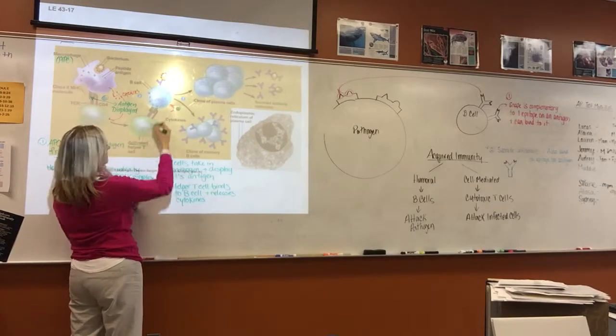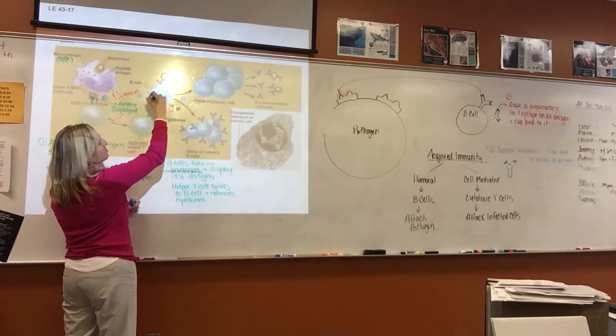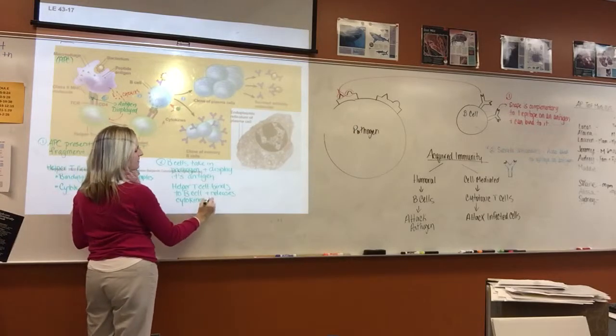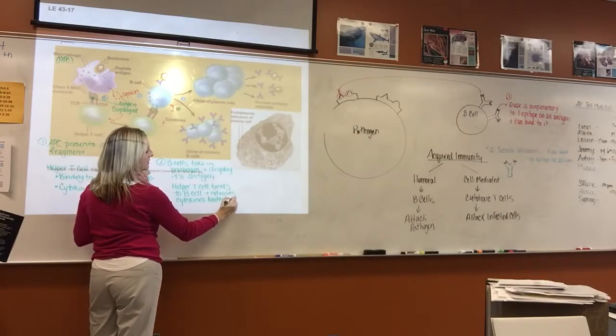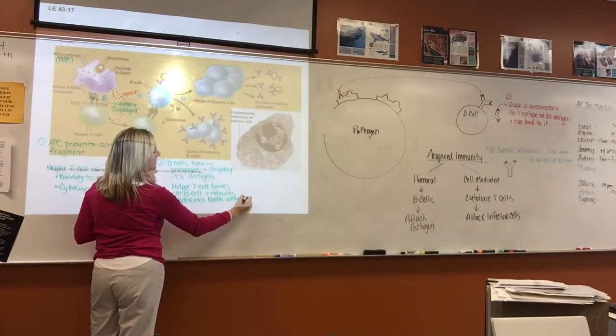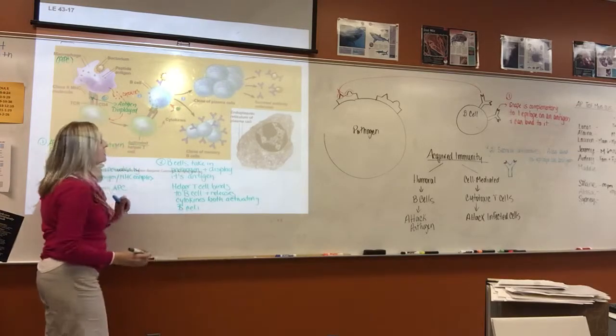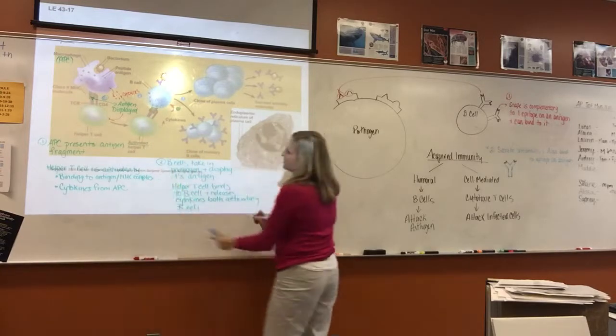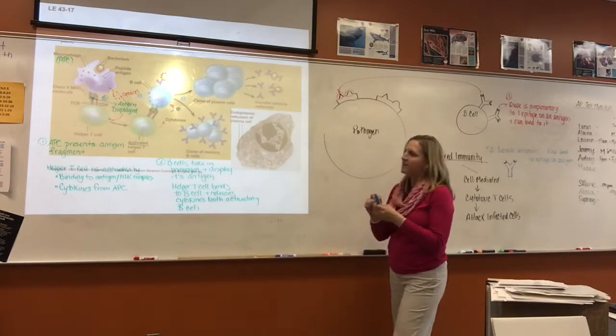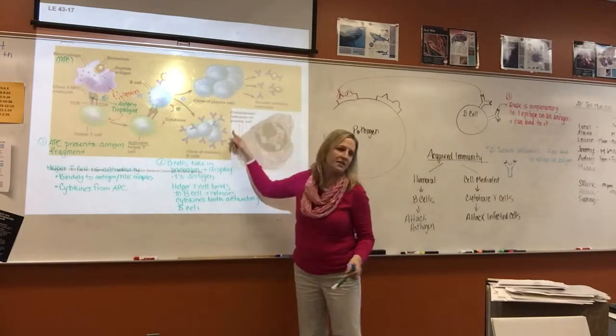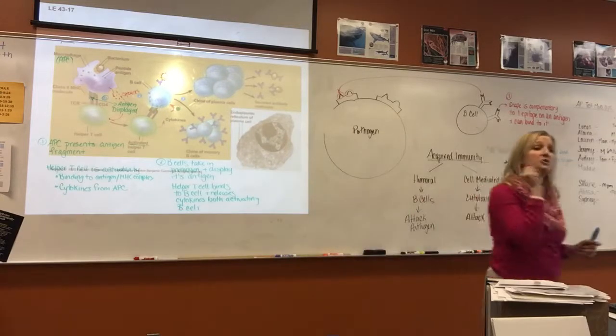So the helper T cell binds to the B cell, releases cytokines, both of which activate the B cell. Activating B cell. So that's this part right here, the new part to this. And the activation of the B cell causes the dividing and differentiating, which we've already talked about.